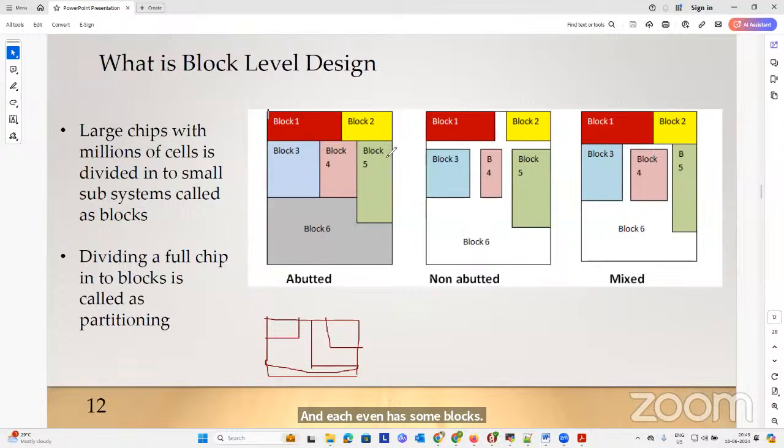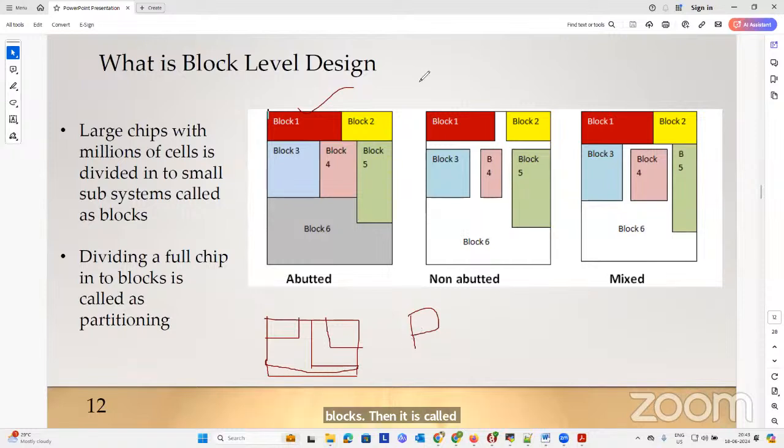All these blocks combined together form a big chip. Dividing a full chip into blocks is called partitioning. The concept of partitioning is that we are dividing a big full chip into small sub blocks. Then it is called partitioning.